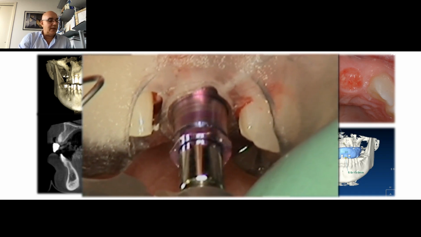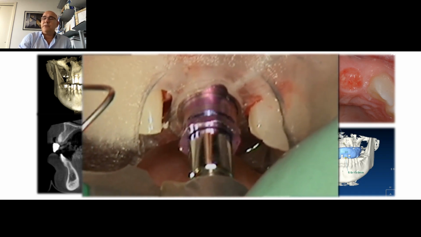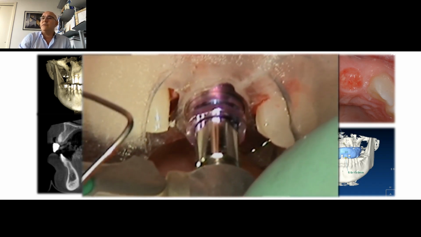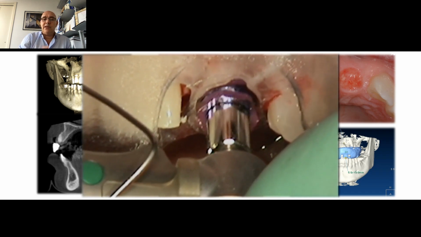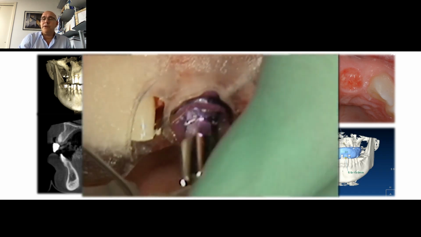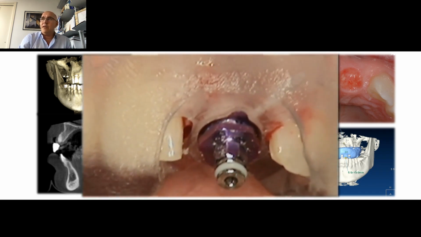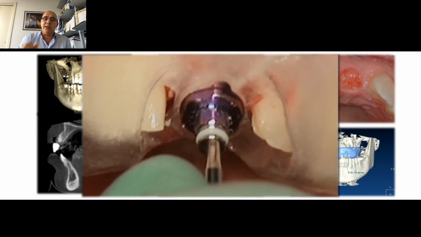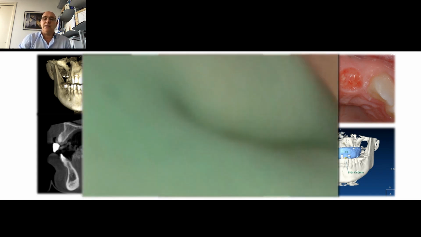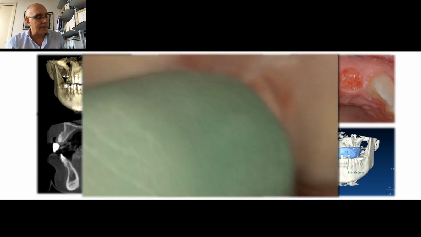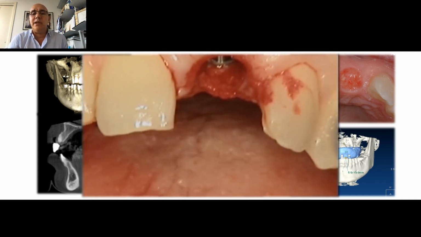For the drill, we start at 30 Newton centimeter, then we increase the torque to 40 and then to 50. And then if there is such a good stability, we keep going with a hand wrench. And then we measure the ISQ of these implants. If the ISQ is above 60 or 70, we can think of doing immediate loading.